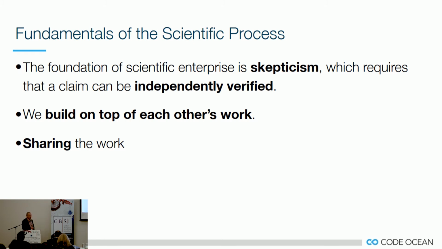And the research community is a communal place where we build on top of each other's works. But in order to do that, we need to share the work so that we can build on top of it. If we don't share the work, we will stay with skepticism and we will not be able to build on each other's works.